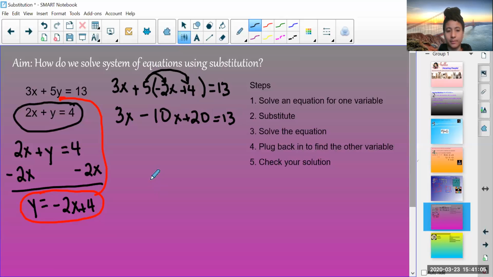Okay? Now from here, we could combine like terms. We're going back to basics right here. They're on the same side of the equation, so we could combine those two terms together. So 3x minus 10x is negative 7x plus 20 equal to 13. And then we could continue solving. So minus 20.